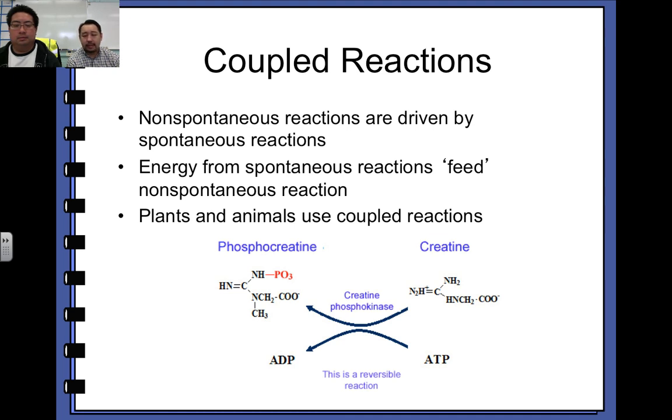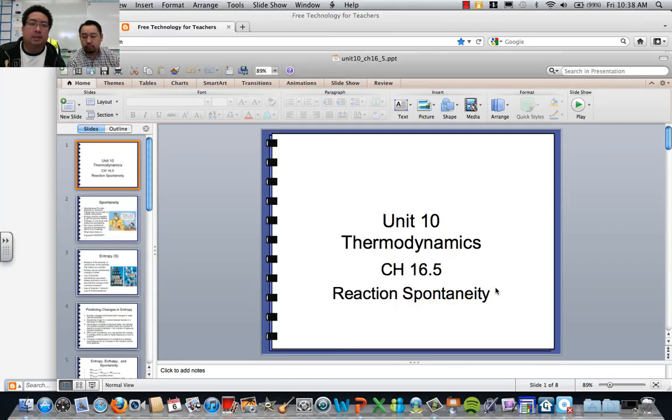You find this in things like the electron transport chain, as well as photosynthesis in biology. An example below is the formation of phosphocreatine, which drives the formation of ATP.